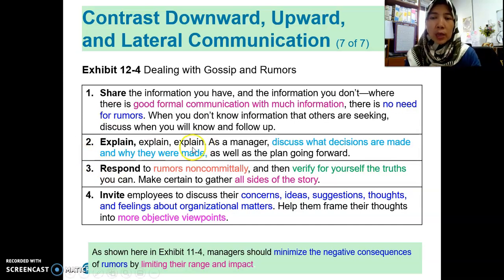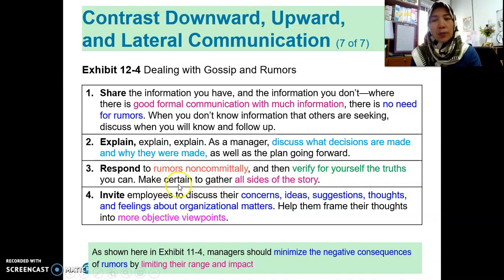The second one is to explain. What if the manager didn't explain to the employees the correct information they want to know? So it is important for the manager to explain what's actually going on, as well as the plan going forward and so on. And also to respond to the rumors non-committally and verify whether it is true or wrong.